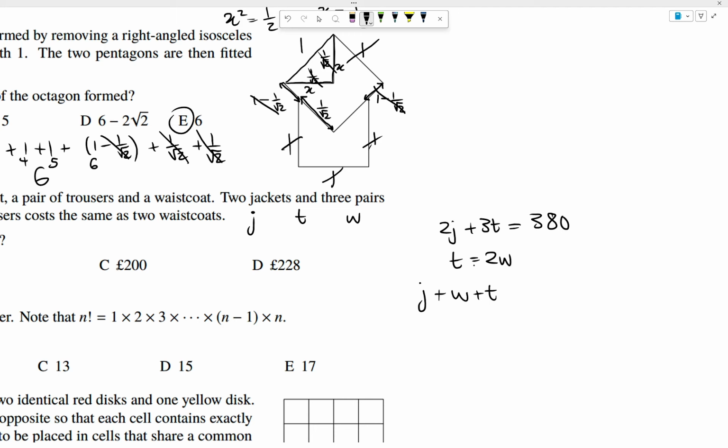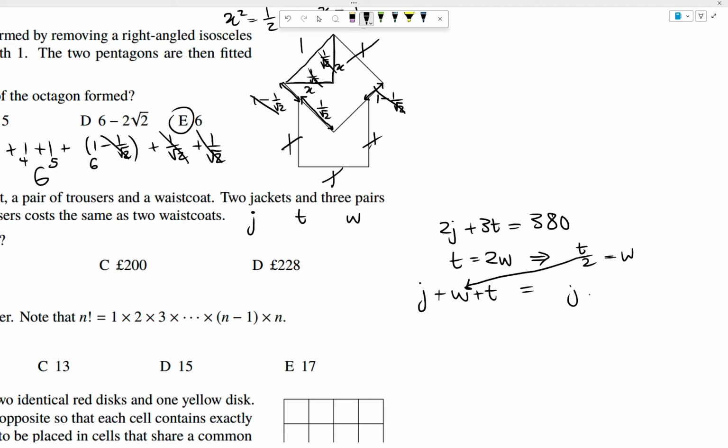And we can substitute in that trousers are equal to twice the cost of a waistcoat. And that gives J plus 3W. Well, actually, I don't think that's the best way of doing it. I think what I'm going to do is rearrange this to be T over 2 is equal to W, and then substitute it in here.